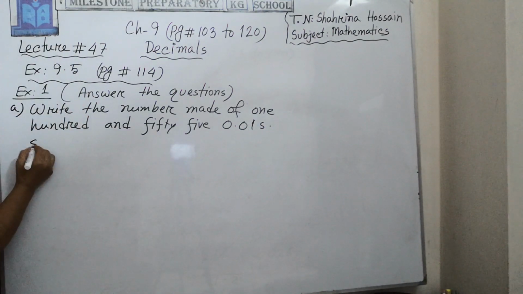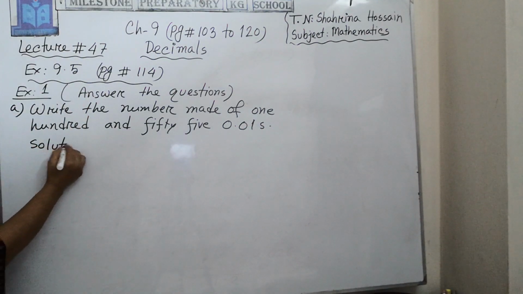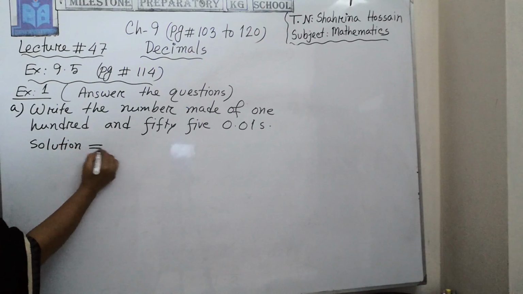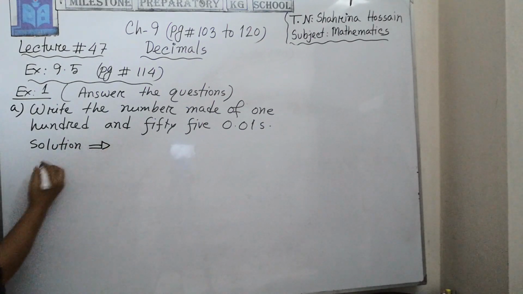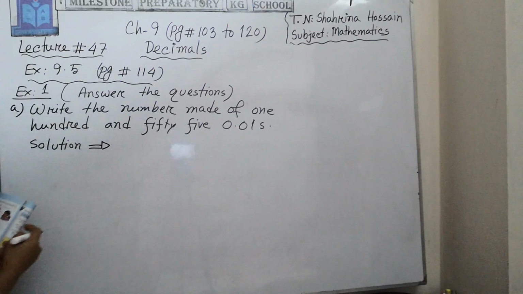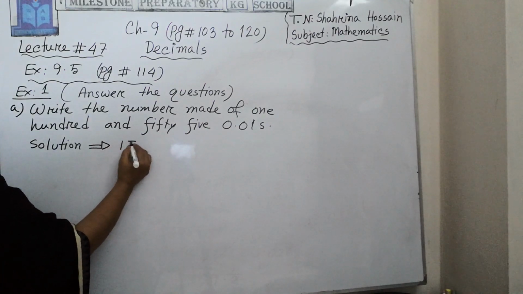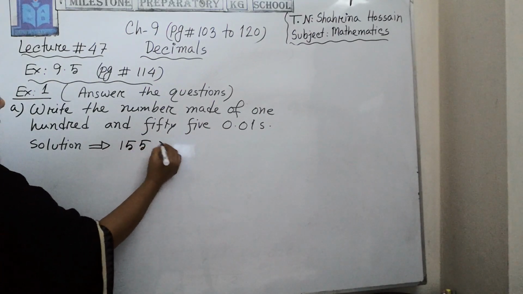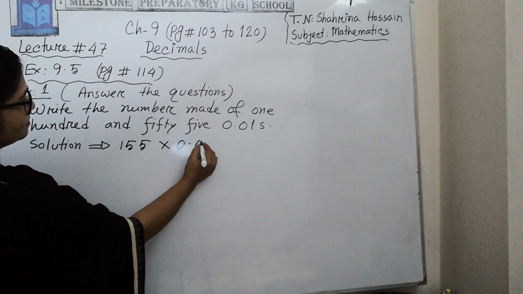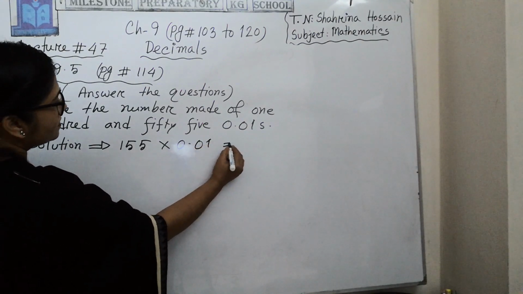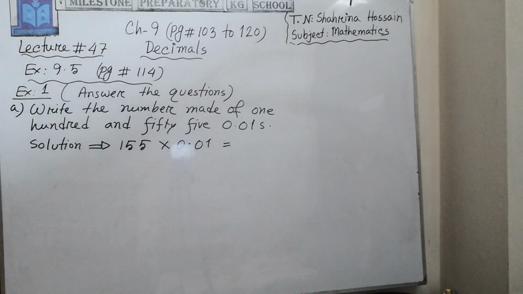Now the solution. We will multiply 155 with 0.01s. So how can we find the answer?